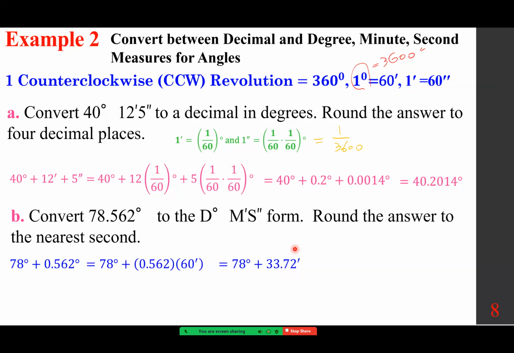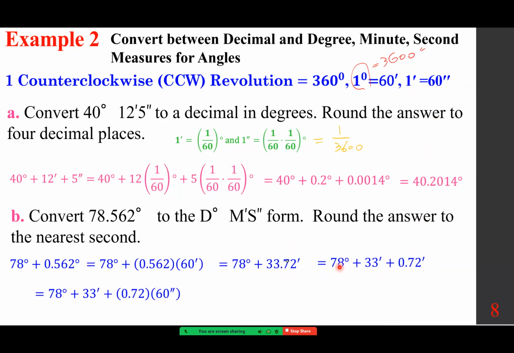So 0.72, if I multiply it by 60, so first let me write it. So this is fine. We have the degrees, we have the minutes, but this one, we want it as a whole number. So if I multiply this one by 60, this changes to seconds.